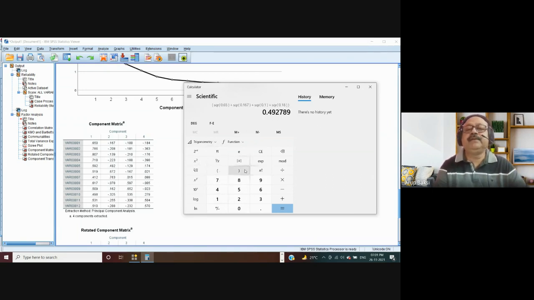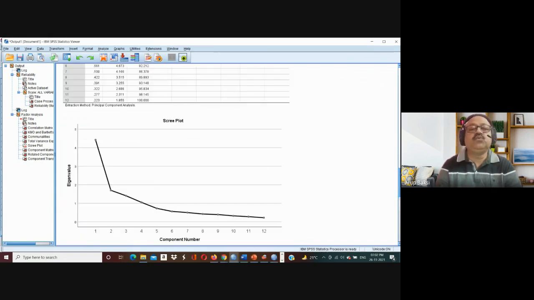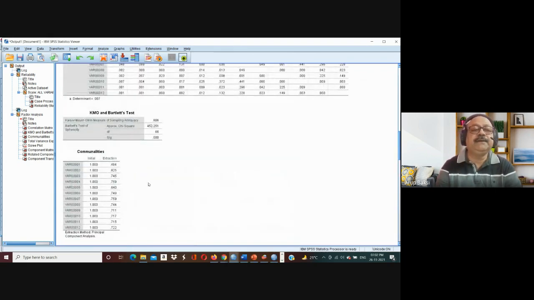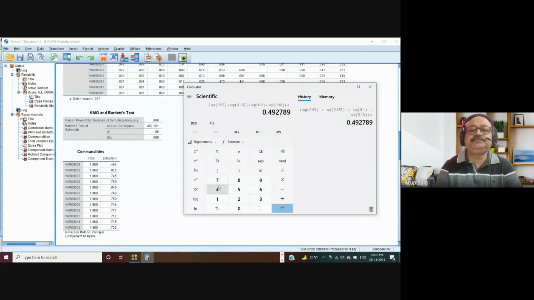I close the bracket and it's 0.4927. That means it's almost 0.493, we can say. If we go up here, you see the communality is 0.494. It's almost 0.493, you can say.